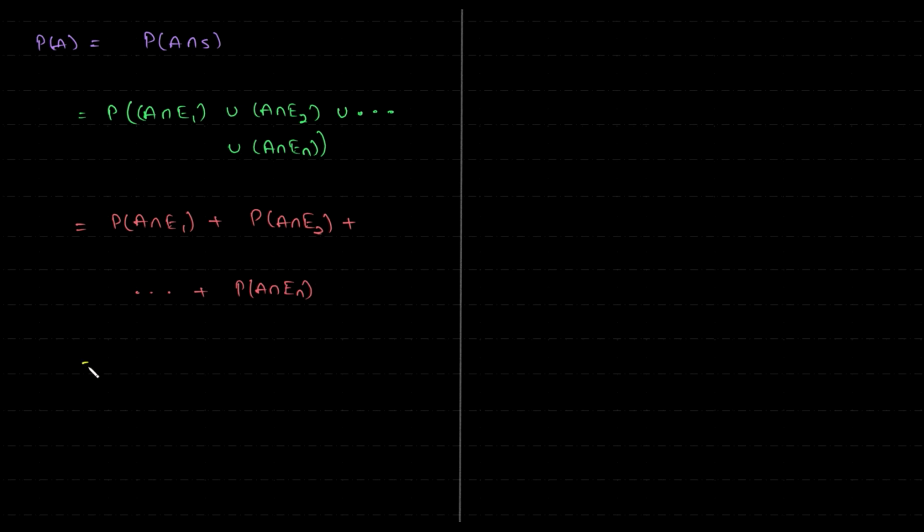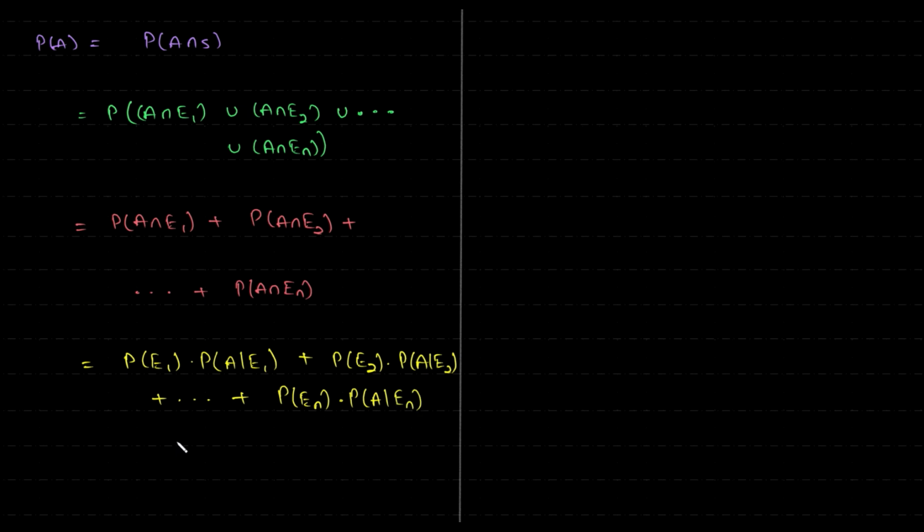And this in turn can be written as what? Probability of E1 into probability of A given E1 has occurred, right? Probability of E2 into probability of A given E2 has occurred, plus probability of En into probability of A given En has occurred.